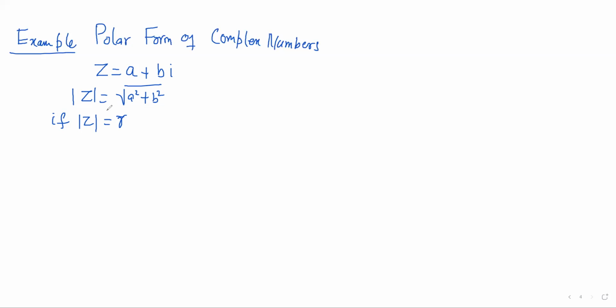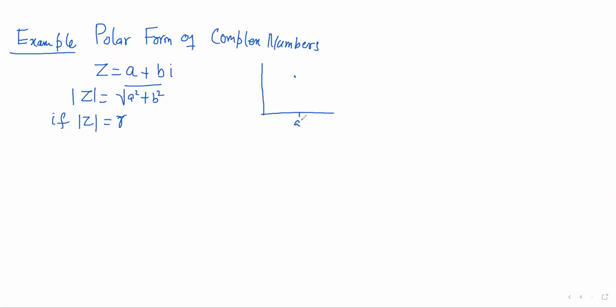we can write the angle which this z makes. If we represent it in the real and imaginary coordinates, on the real axis it is a, and on the imaginary axis it is b.